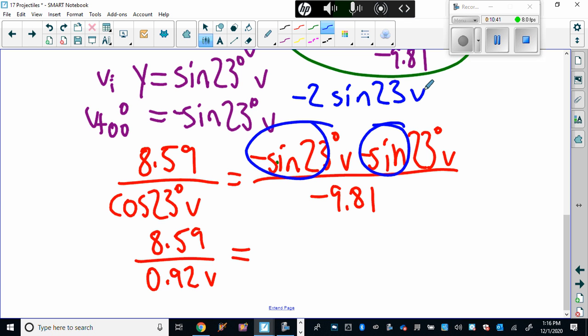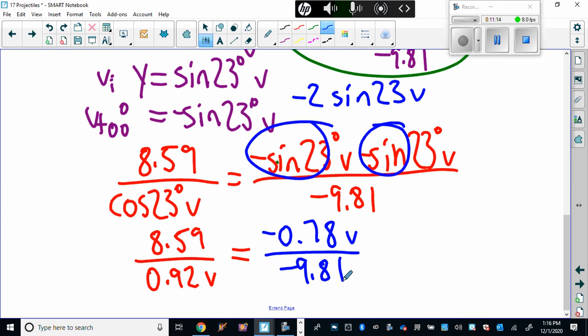And then negative 2 times sine 23 is negative 0.78 v over negative 9.81. Oh yeah, v. Okay, so at this point, it looks a lot more friendly.